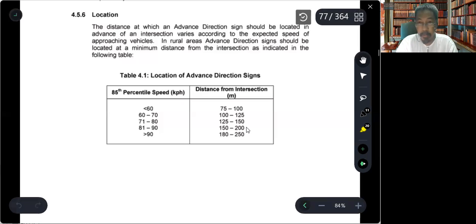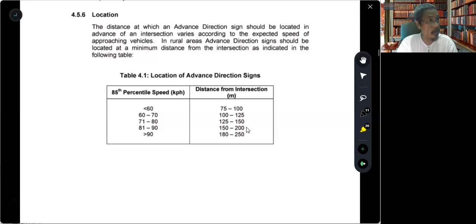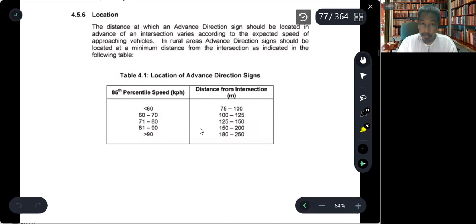But for example, in an expressway that is about 80 kilometers per hour, in South Superhighway. I think in North Luzon Expressway that is 100 kilometers per hour. So 85 is 150 to 200. But in South Superhighway, that is 80 kilometers per hour.